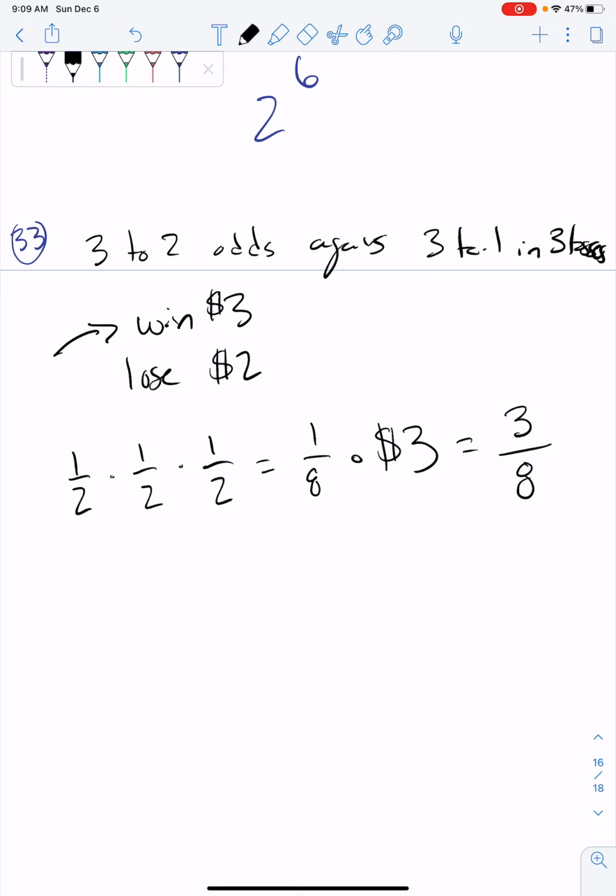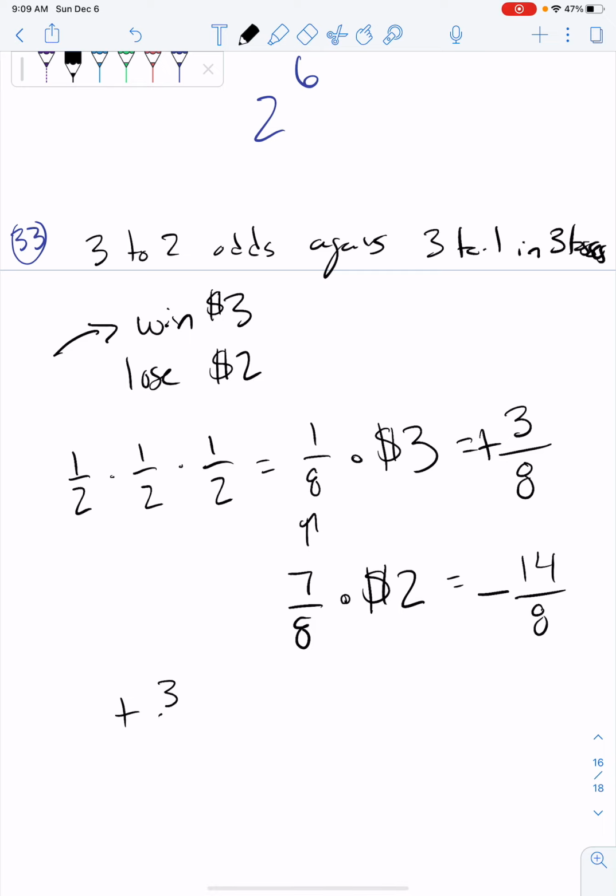Okay. Now, the probability of losing, if I have 1 out of 8 chances of winning, that means I have 7 in 8 chances of losing. And if I lose, I have to pay $2. So that's going to be 14 over 8. But this is winning money. This is losing money. So when I win money, I make it a positive. So I've got a positive 3/8.